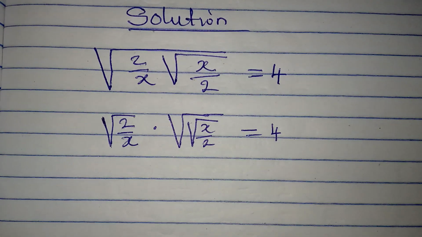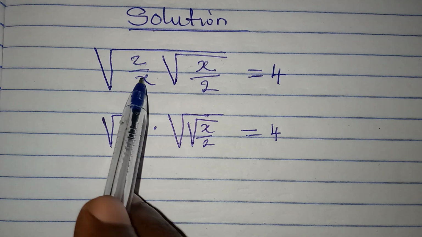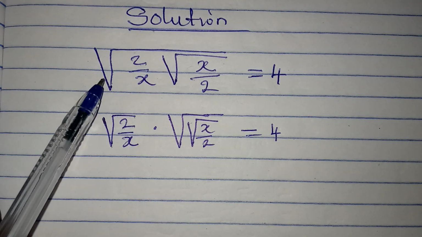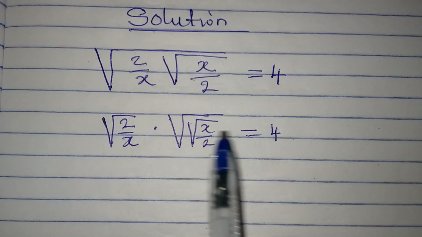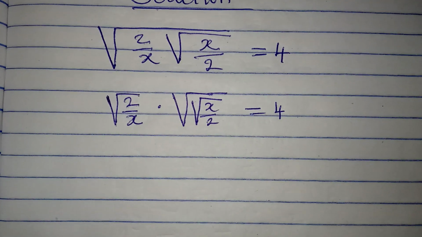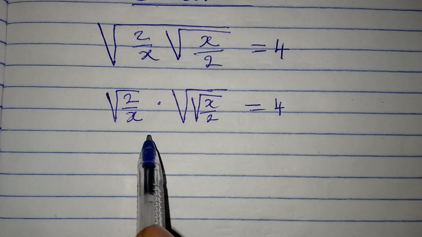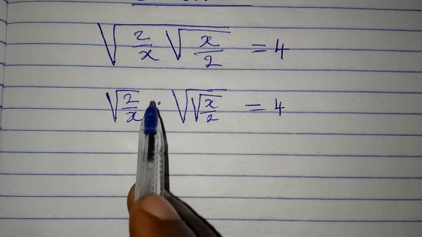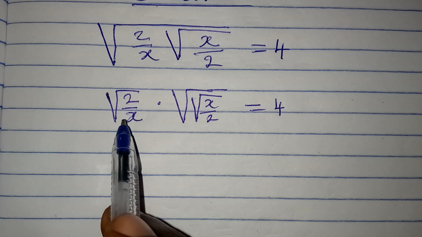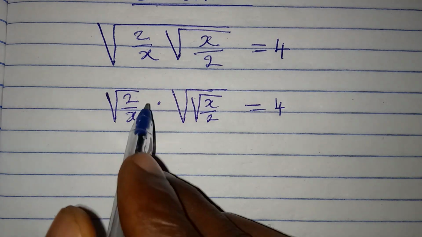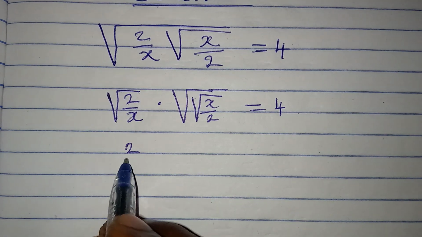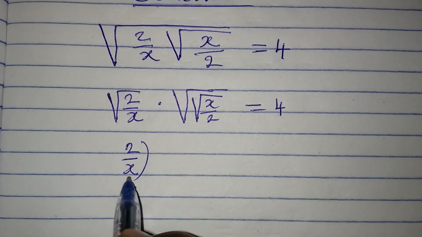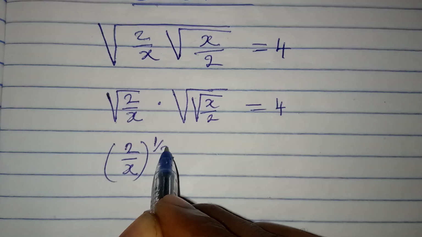The 2 over x is under one square root sign, and x over 2 is under another square root sign. Any number to the power of 1 over 2 is the square root of that number. So here will give us 2 over x to the power of 1 over 2.